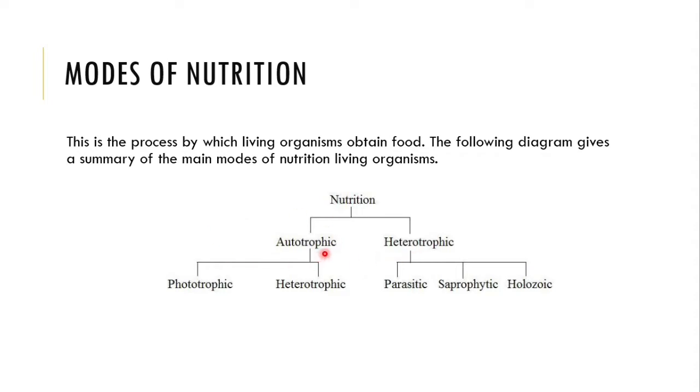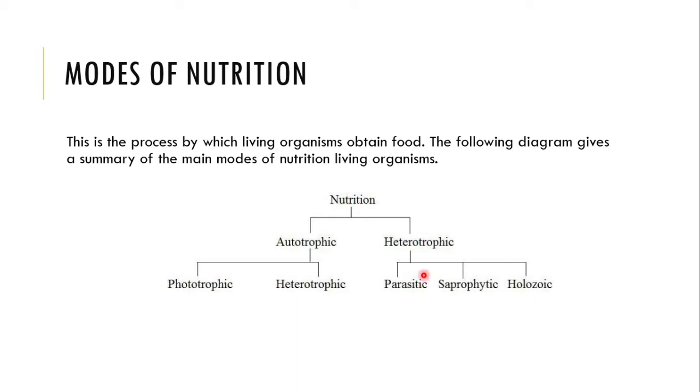Under autotrophic nutrition, we've got two types: phototrophic nutrition and chemotrophic nutrition. Don't mind this label, it was supposed to be chemotrophic nutrition. And then under heterotrophic nutrition, we've got parasitic nutrition, saprophytic nutrition, and holozoic nutrition.